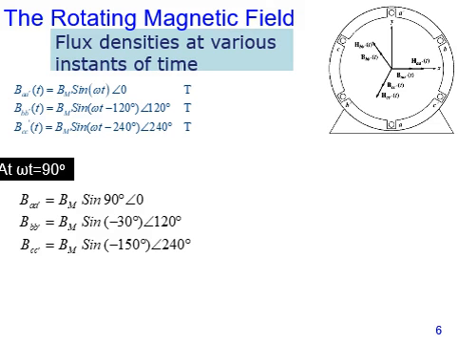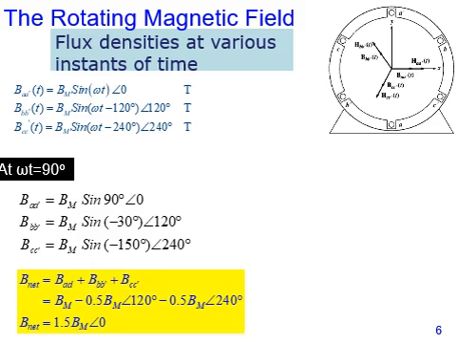As you can see, by putting omega t equal to 90 over here, we will get sine 90 degrees, sine minus 30 degrees in the second equation, and sine minus 150 degrees in the third equation. Similarly, we can also calculate the B net by adding them together.